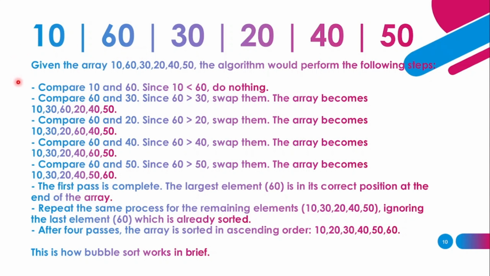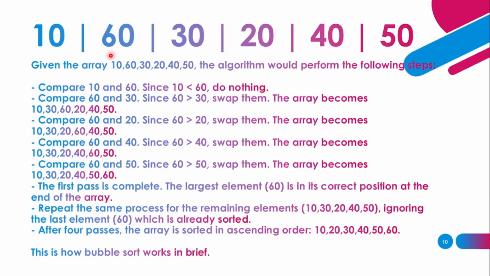Firstly, we'll compare 10 and 60, the first two elements. We check whether they are at the correct positions. We find that yes, they form ascending order, so there is no need for swapping. We'll do nothing.